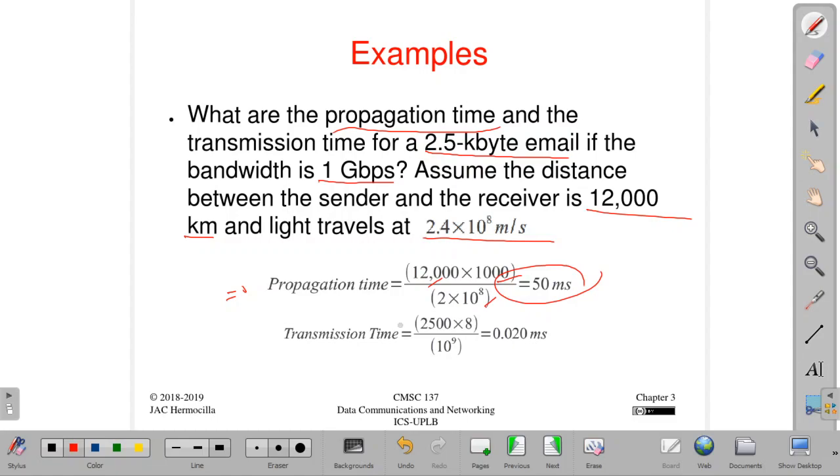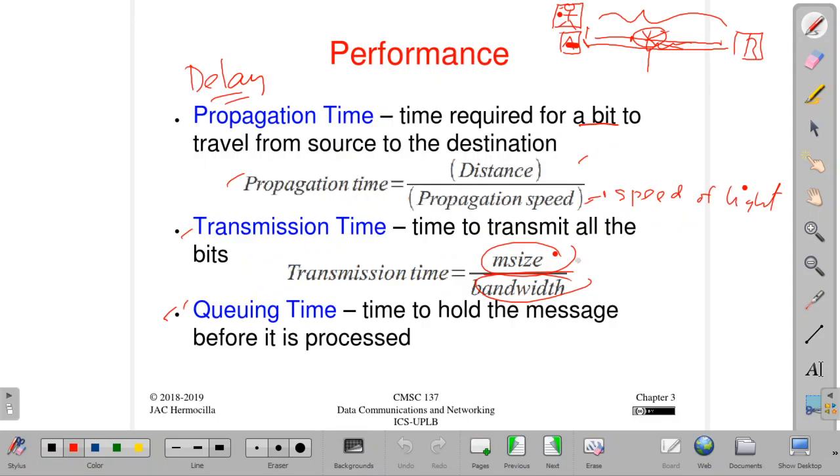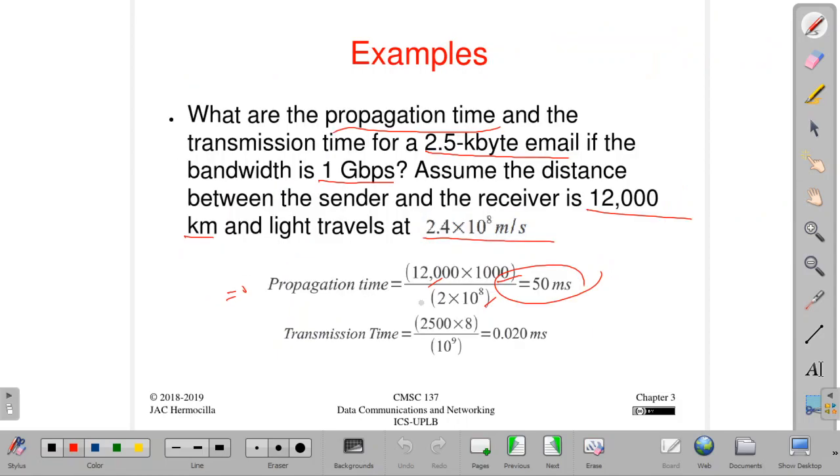Now the transmission time is the message over the bandwidth. So the formula here is the message size divided by the bandwidth. Since this is 2.5 kilobytes, we have 2,500 multiplied by 8, because 1 byte is 8 bits.